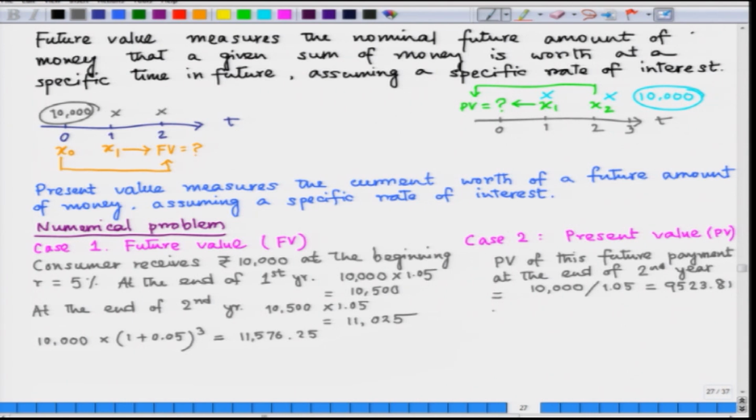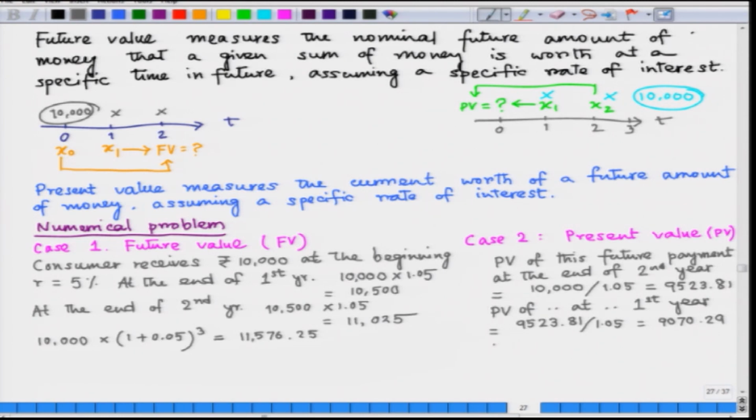Now, following a similar strategy, we can find out the PV of this future payment at the end of first year as well. And the amount would be around 9070.29, right.